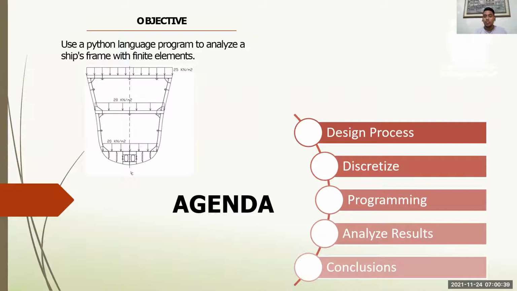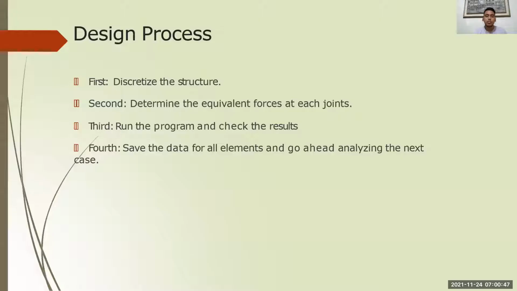So we have the next agenda: design process, discretize, programming, analyze results, and conclusion. Process design. The first step is very important because here you can model from the easiest condition to the worst condition that will be shown after.